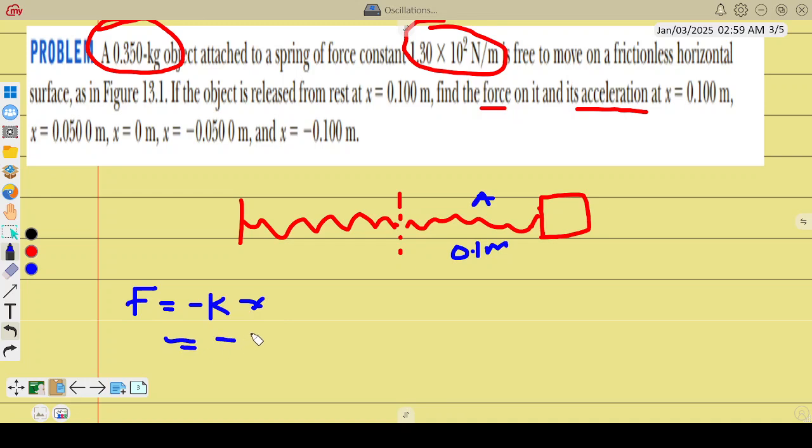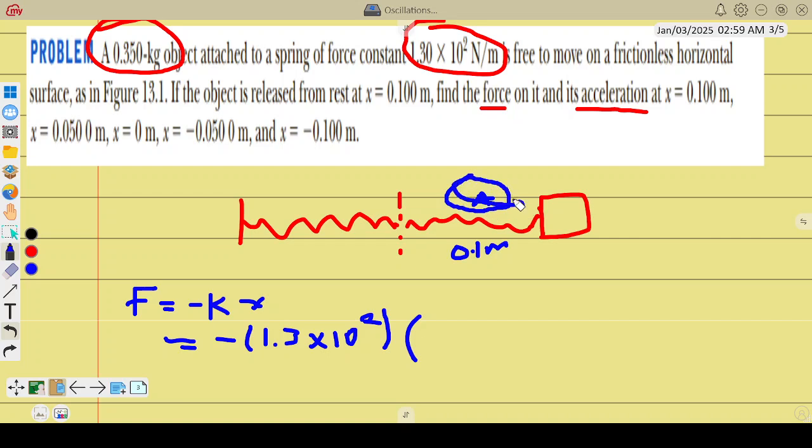What is the value of k? The value of k is 1.30 times 10 power 2 newton per meter, times the value of x here.